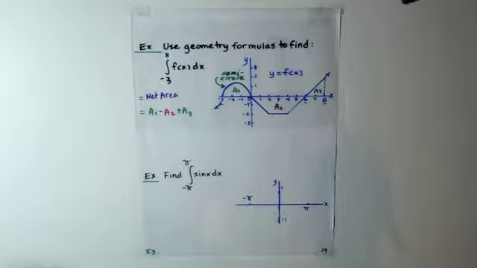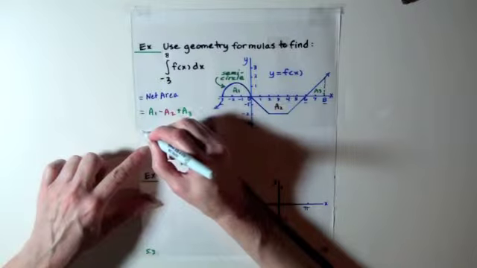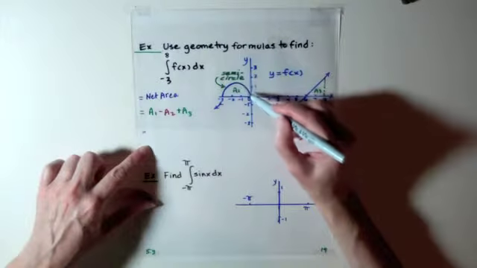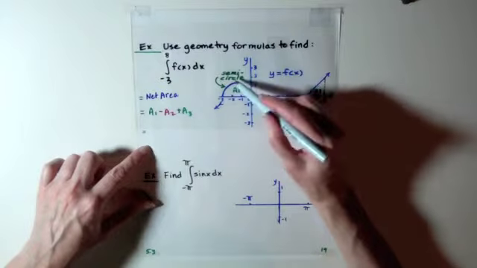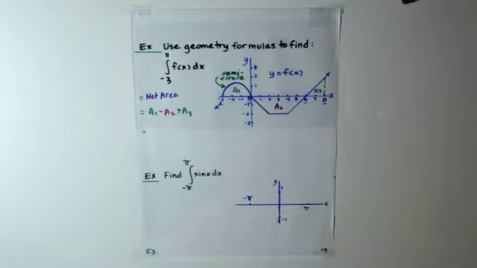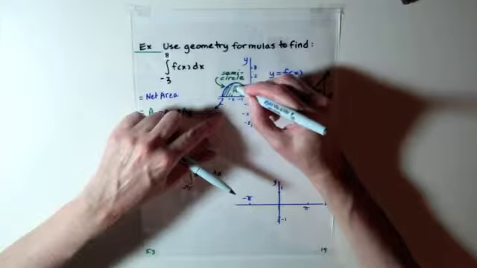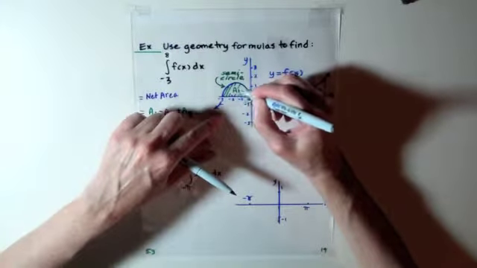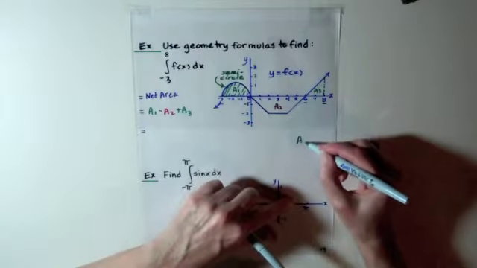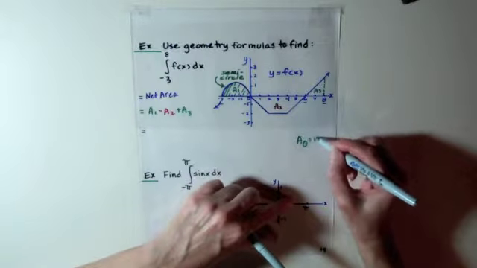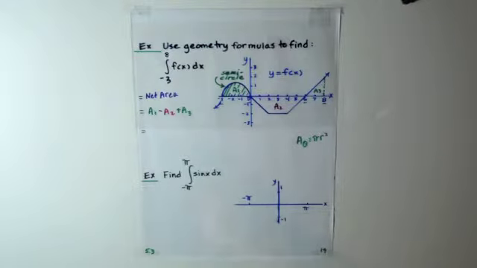Well, luckily they're all shapes that are straight out of a geometry textbook. If I want to know what A1 is, it's a semicircle, I'm told that, so it isn't just any curve. It's the area of half of a circle. Of course, we know the formula for the area of a circle is pi r squared, or you can look it up if you've forgotten it.